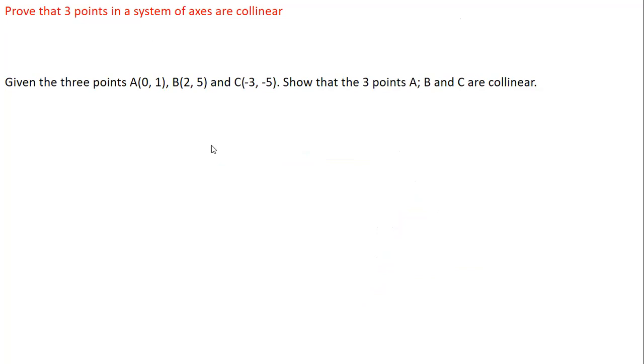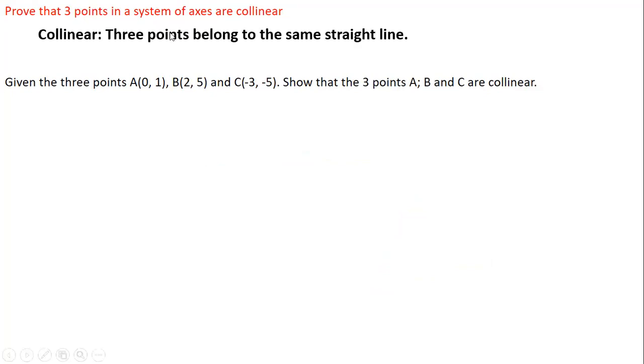What I'm going to discuss now, if we are given a system of axes, and in the system of axes, we located any 3 points, how can we prove that these 3 points are collinear? Again, when we talk about the word collinear, what we mean by collinear is 3 points that belong to the same straight line.